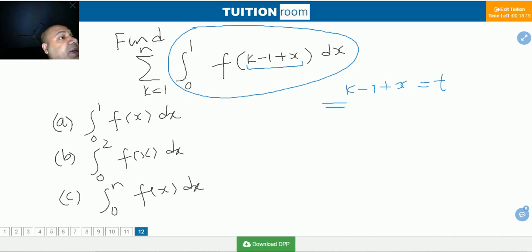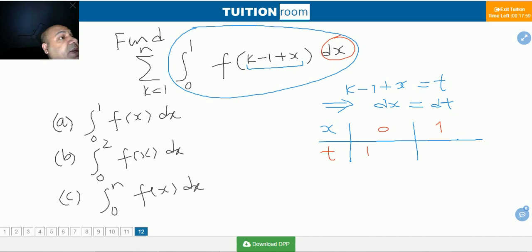Differentiating both sides, we get dx equal to dt, and we can change the limits. When x is 0, t is k minus 1, and when x is 1, t is k.